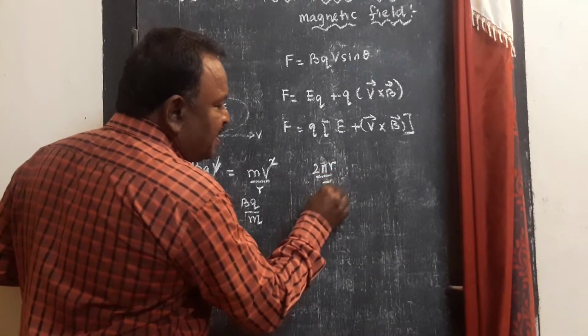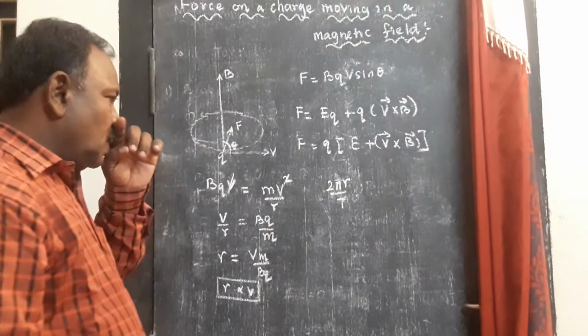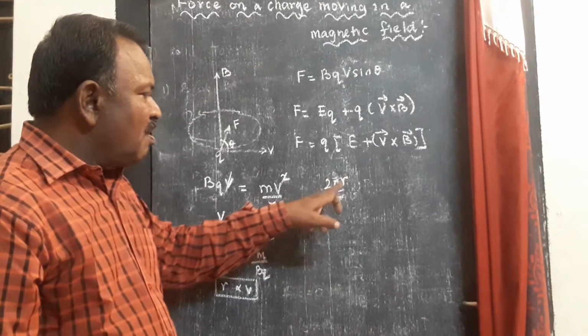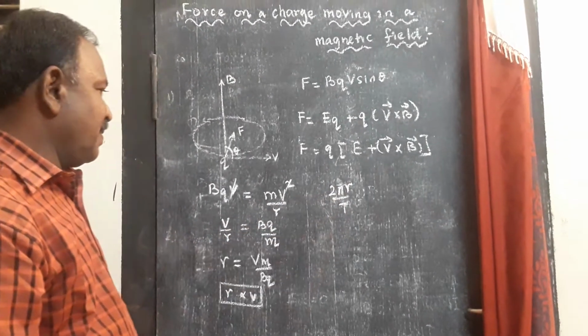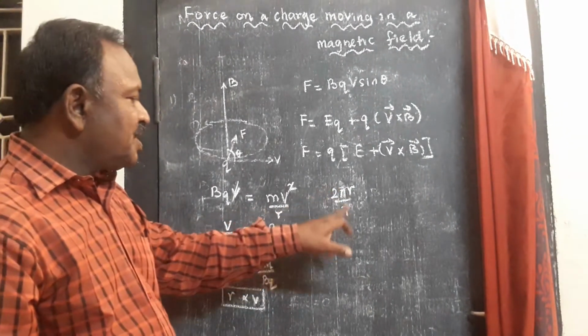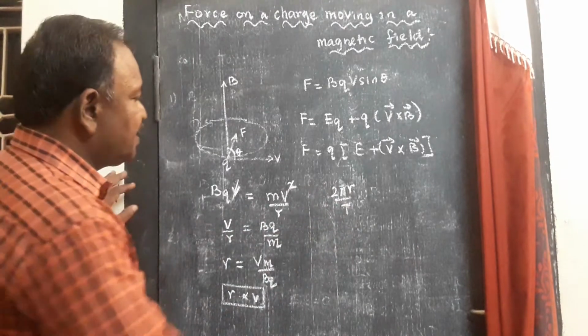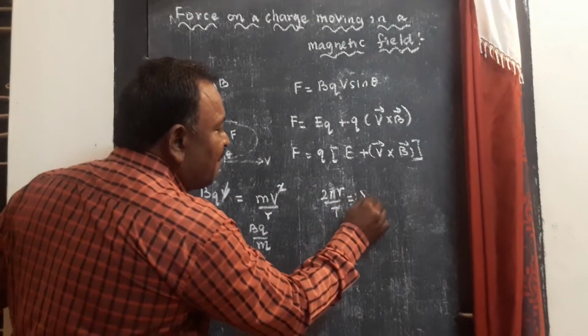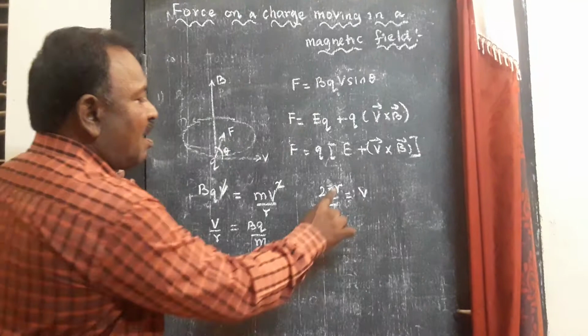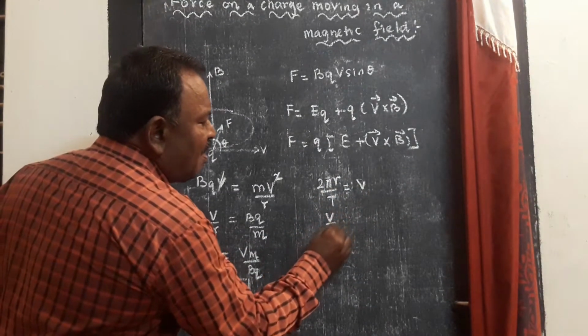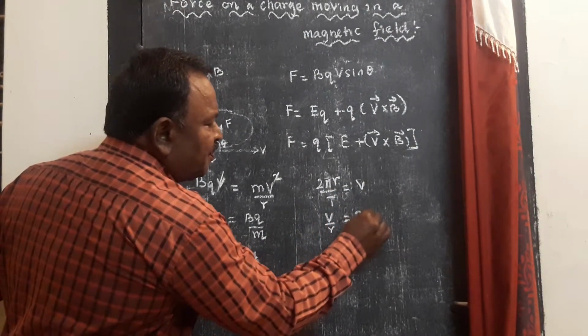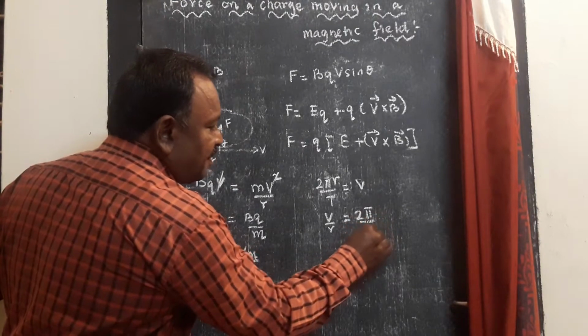T is the time period. So, 2πr/T will give distance by time. Distance by time will give velocity, or v/r = 2π/T.